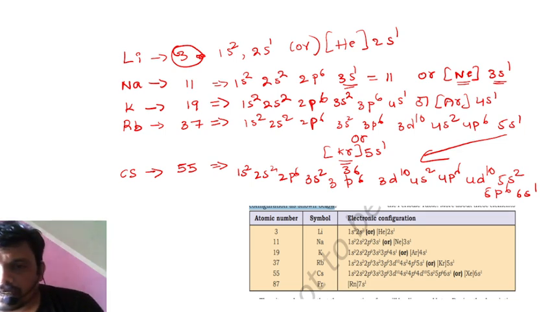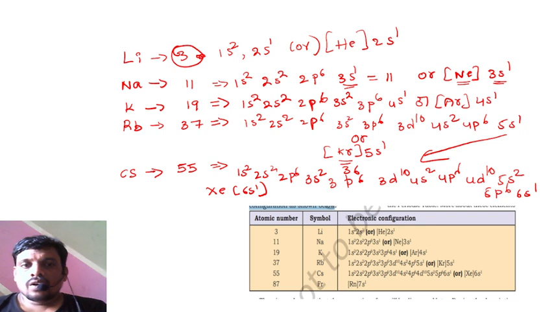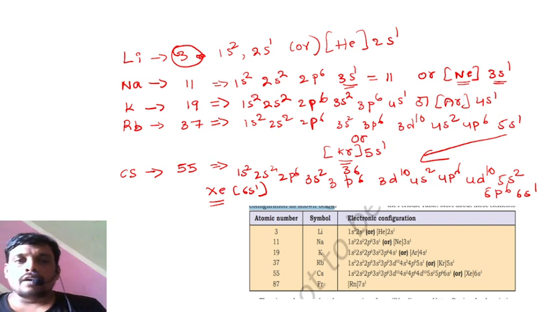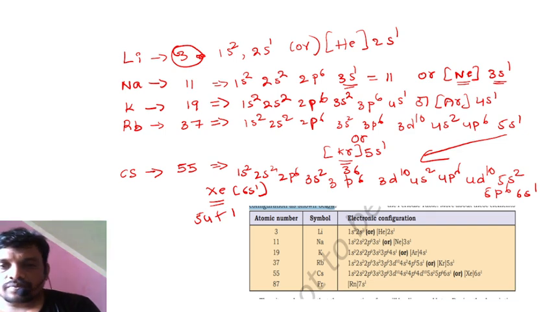It also can be written with the previous series element xenon, and 6s1 will be carried. The atomic number of xenon is 54, and the electronic configuration as per orbitals which contain electrons. Xenon with atomic number 54 plus 1 electron that is filled in 6s orbital, 55.